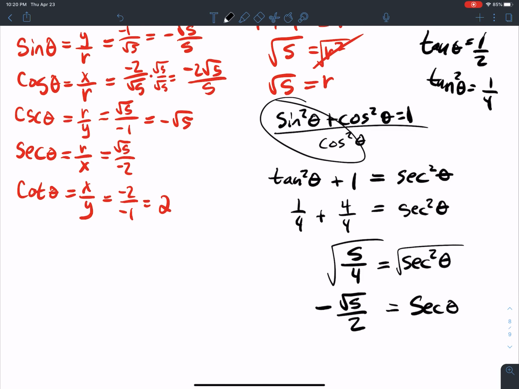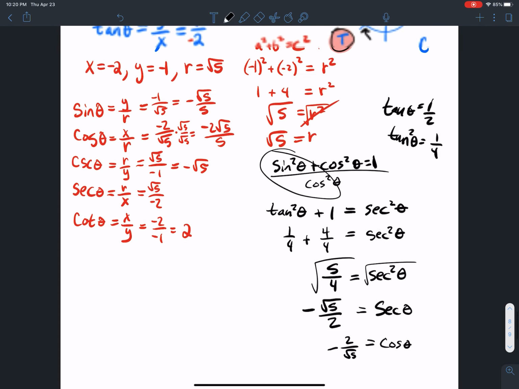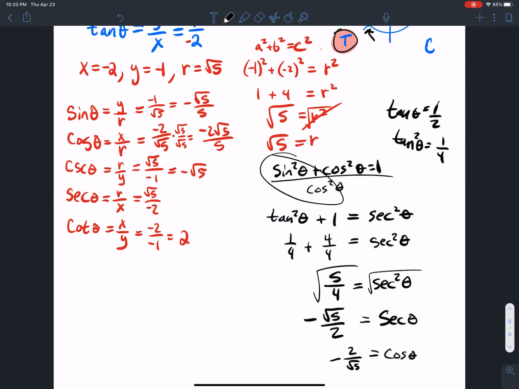And then I can use all my properties from there. I can flip this to get the cosine theta, just do the reciprocal, right? And then you can run through the algebra. At that point, you can get all the other values that you desire. If you wanted to get the sine value, you know tangent theta is sine theta over cosine theta.